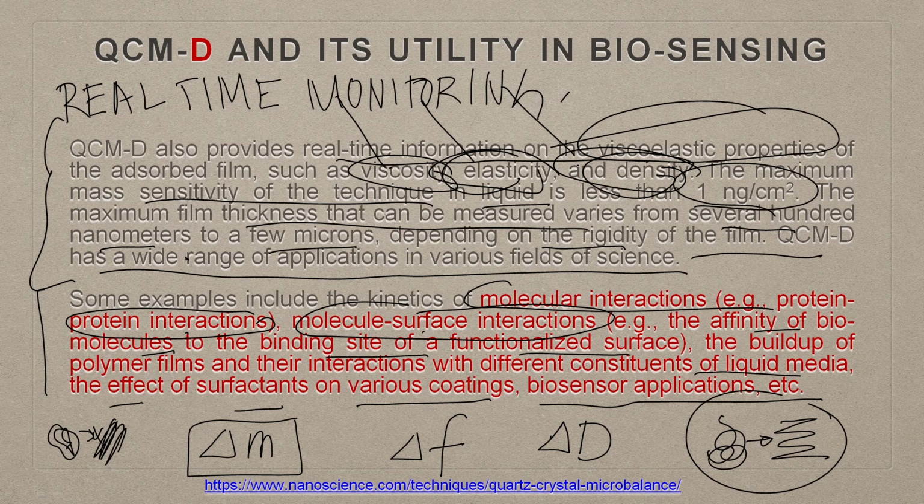What kind of interaction is happening? Buildup of the polymer films, how the film is forming. Does it form a continuous film? Say for example, sometimes a polymer forms a continuous film, self-assembled monolayers. Sometimes it forms broken up films. You can actually monitor such unique, I would say, molecular events which otherwise are not feasible with any other form of sensors.